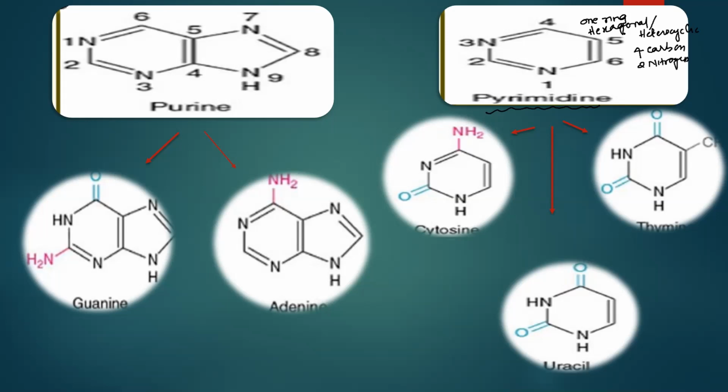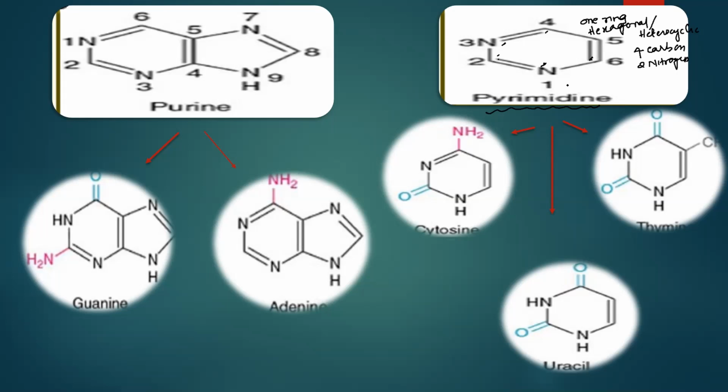This is a single ring, it's hexagonal and heterocyclic, and it is made up of 4 carbon and 2 nitrogen atoms.